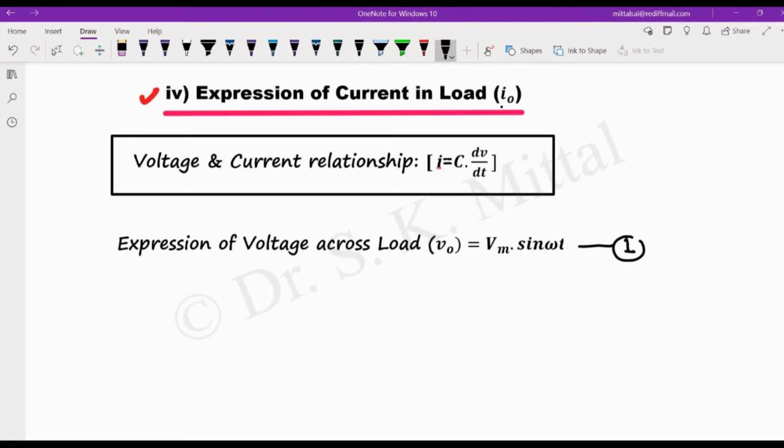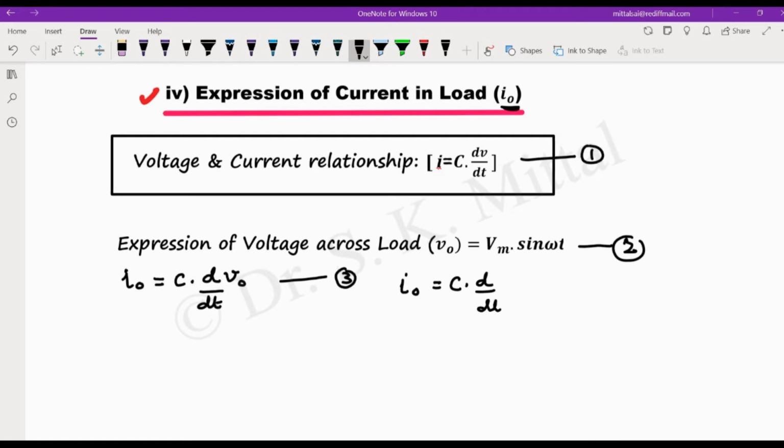If the output current is represented by I0, then suppose these expressions are represented by 1 and 2. The load current I0 on the basis of equation number 1 will be I0 equals C multiplied by the differentiation of the output voltage, so I0 equals C multiplied by d by dt of V0, and V0 is Vm sin omega t.